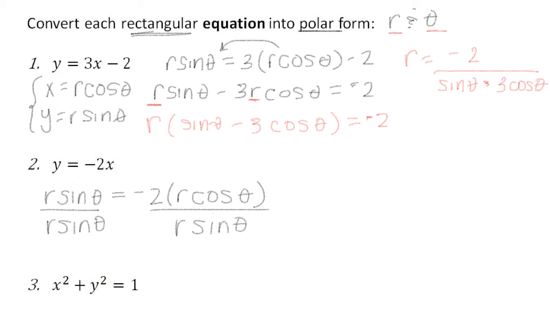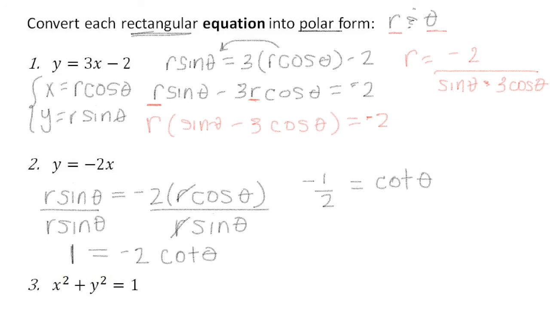And when I do that, this side over here ends up being 1 equals, and notice what cancels out here. And we have sine over cosine. Well, sine over cosine is cotangent of theta. And I'm going to divide both sides by -2. So I have -1/2 equals cotangent of theta.